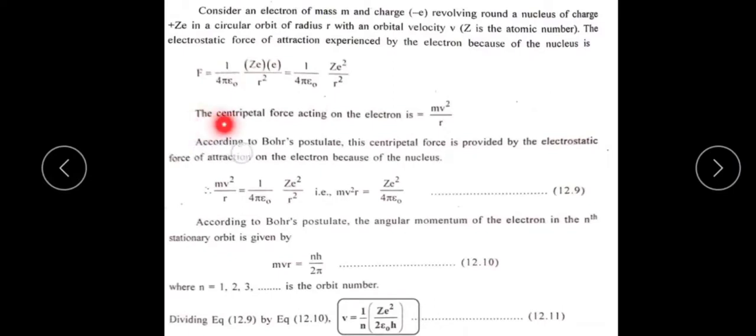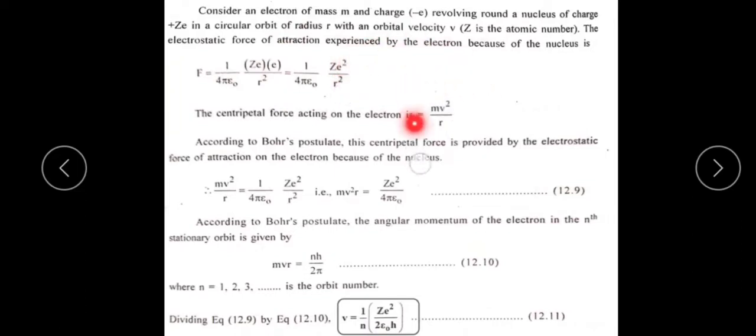The centripetal force acting on the electron is mv square divided by r. According to Bohr's postulate, this centripetal force is provided by the electrostatic force of attraction on the electron due to the nucleus. That's why these two are equal.